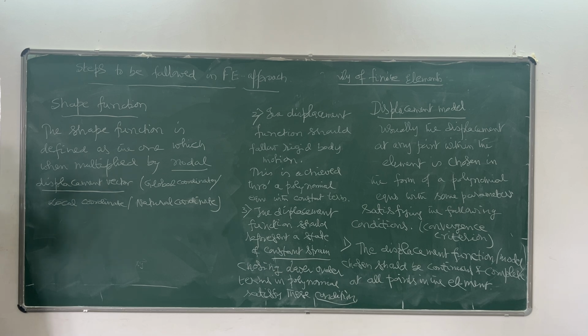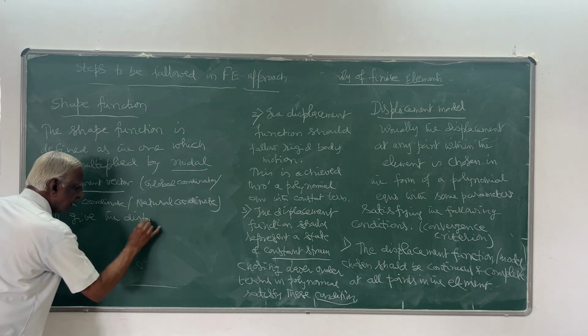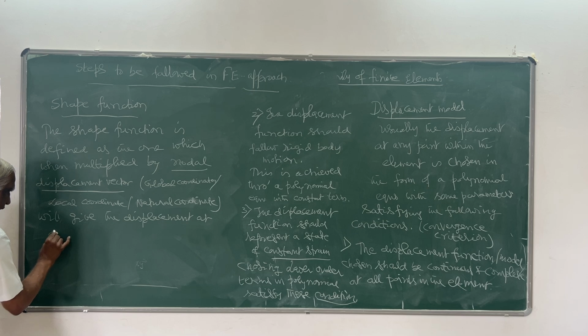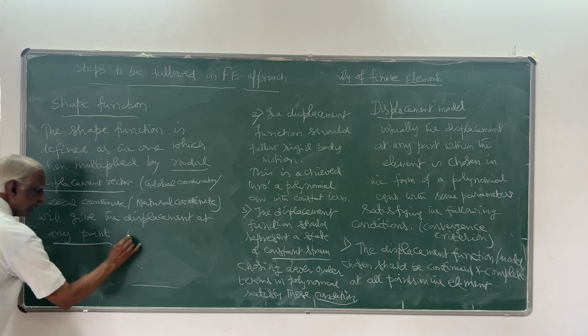If you express that displacement in terms of a function, it will give you the displacement at any point. So the shape function is defined as the one which, when multiplied by the nodal displacement vector, represented in any one of these coordinate systems, will give the displacement at any point within the element.